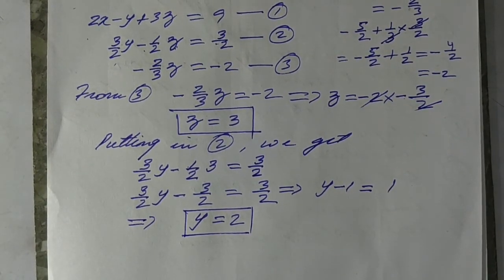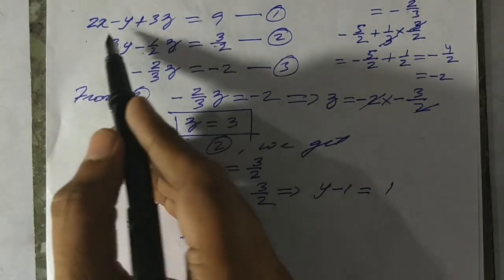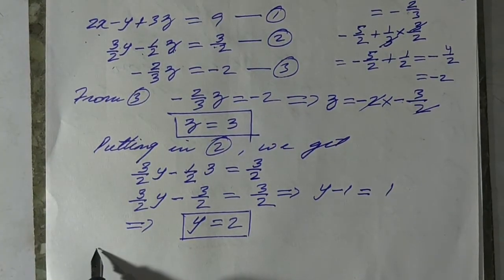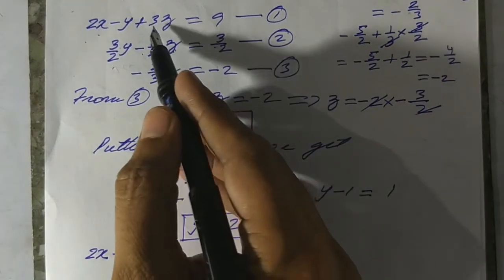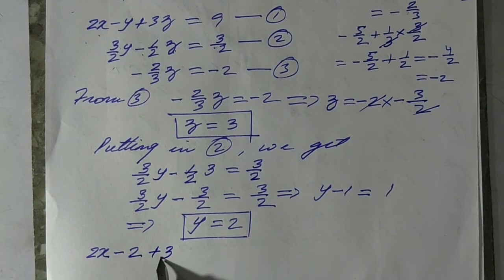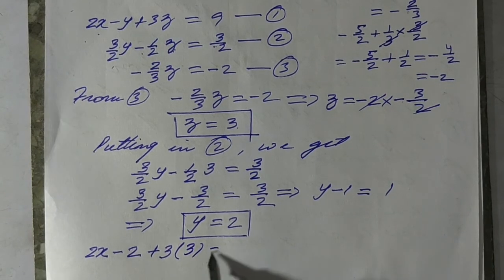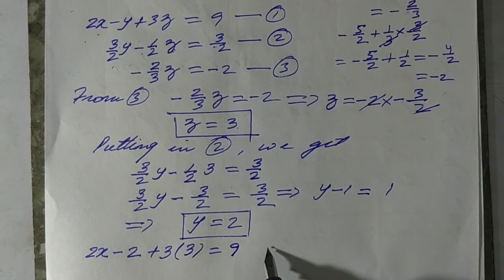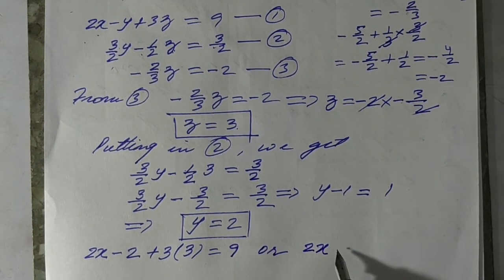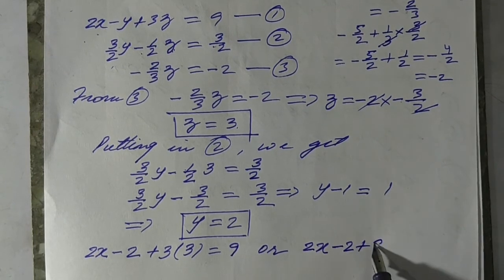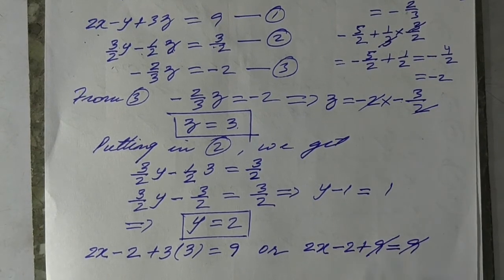Now substituting the value of y and z in equation number 1. So we get 2x minus 2 plus 3, z is 3, is equal to 9, or 2x minus 2 plus 9 is equal to 9.